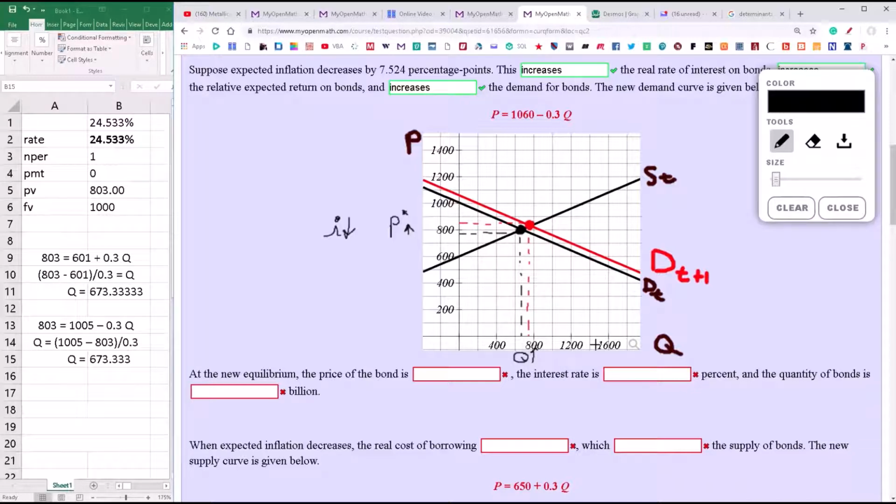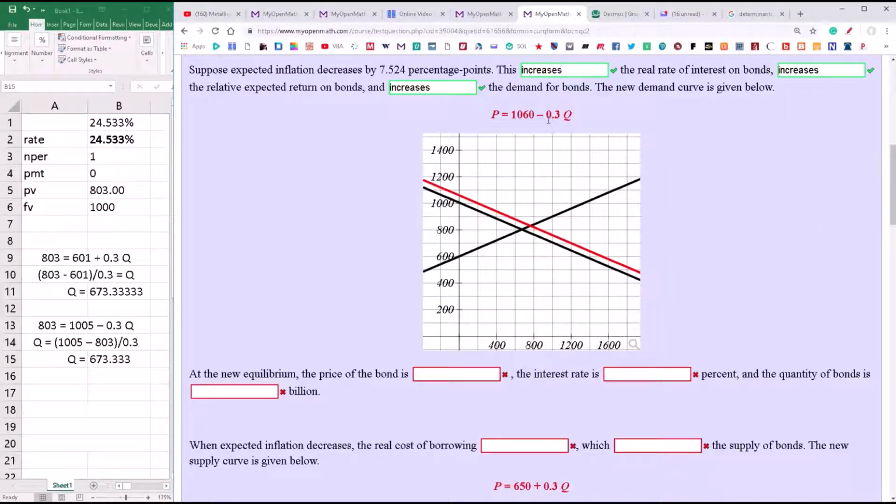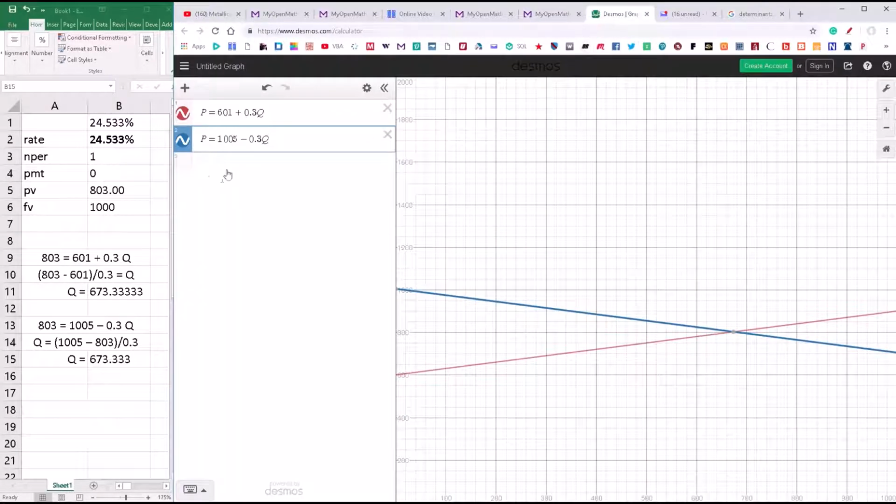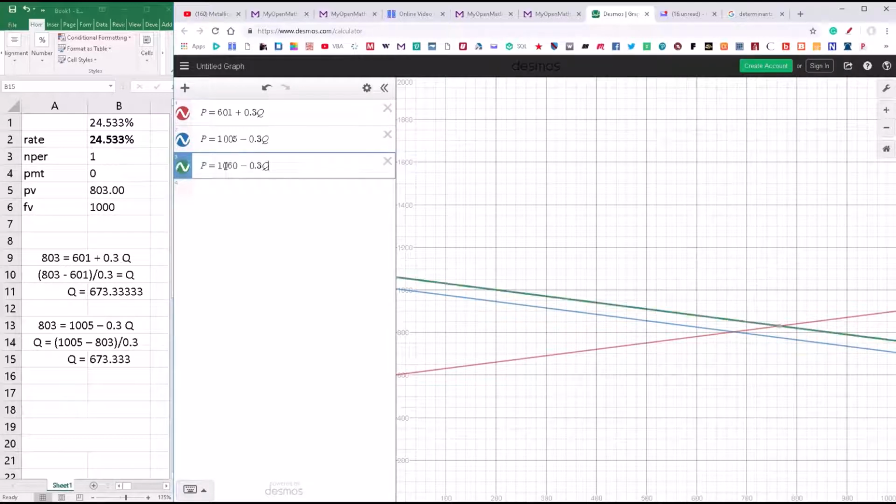So now we're going to calculate the new equilibrium price, the new equilibrium interest rate, and the new equilibrium quantity of bonds. So what I'm going to do is copy this equation. I'm going to go ahead and close this out. I'm going to copy this into Desmos and just have Desmos do it for me. Okay, here's the new equilibrium out here, right?